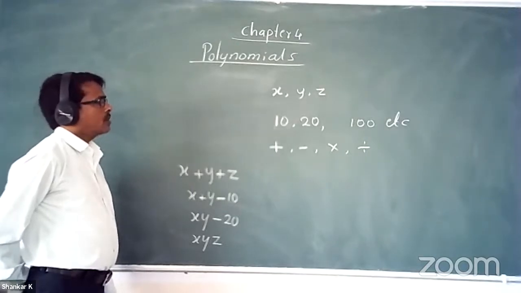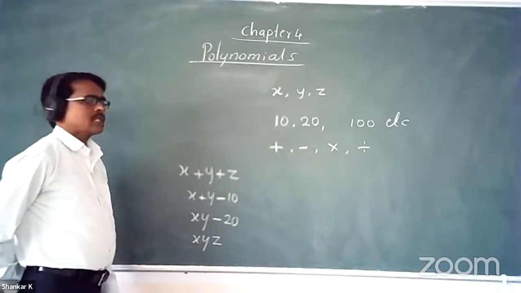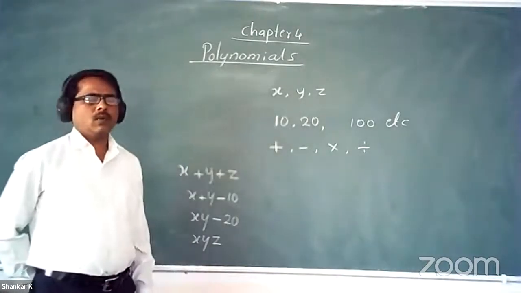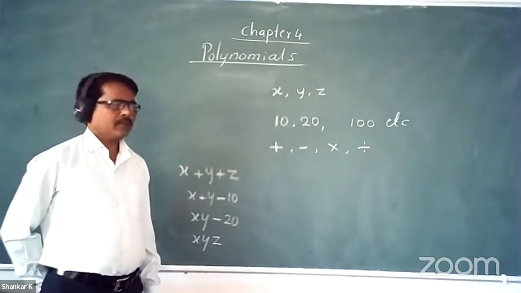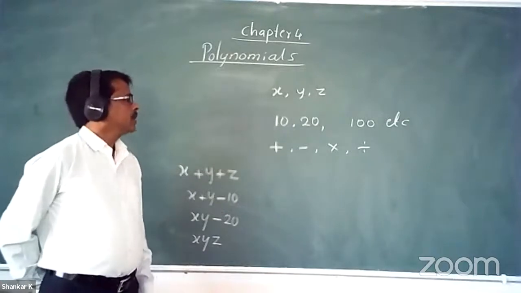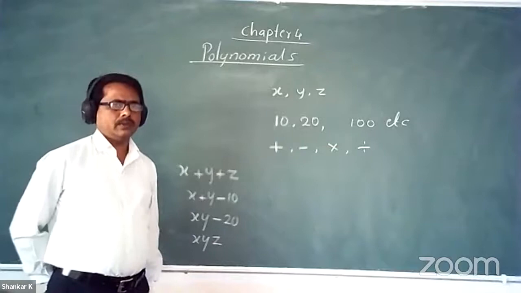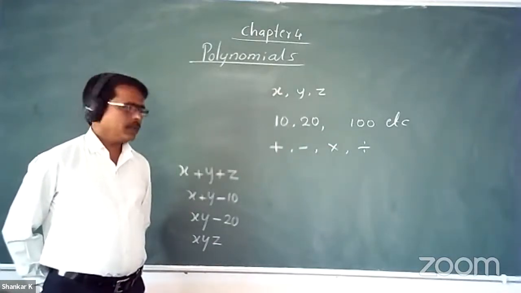You might not have understood what a variable is. Variable means what? Constant means what? A constant is a quantity which never changes its value. For example, 10 remains 10 only; it will not change its value.